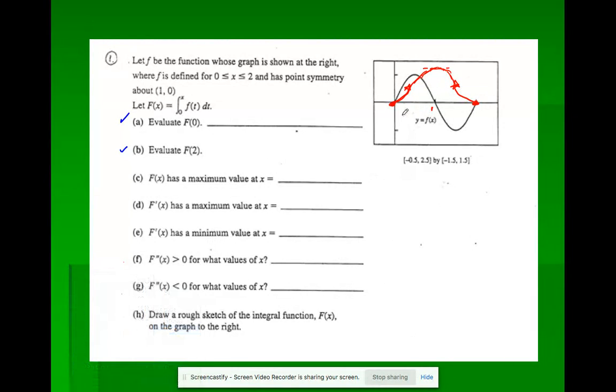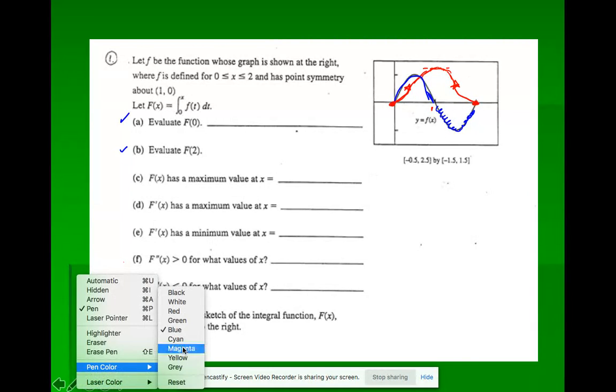Notice that when the first derivative is positive, the graph I drew was increasing. When the first derivative was negative, the graph I drew was decreasing.